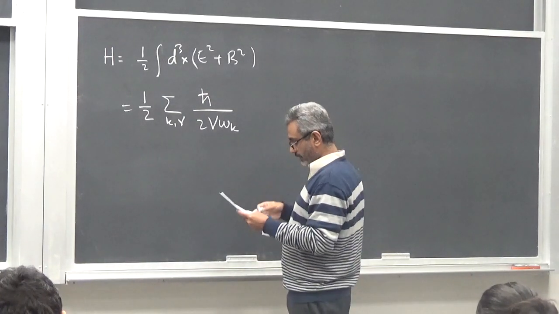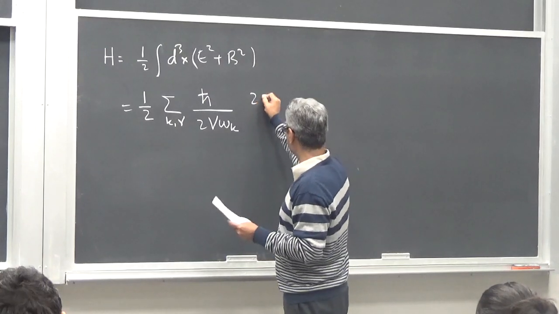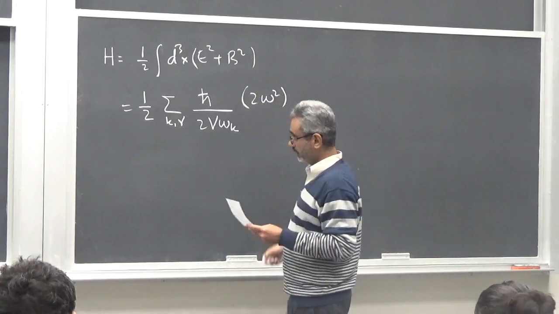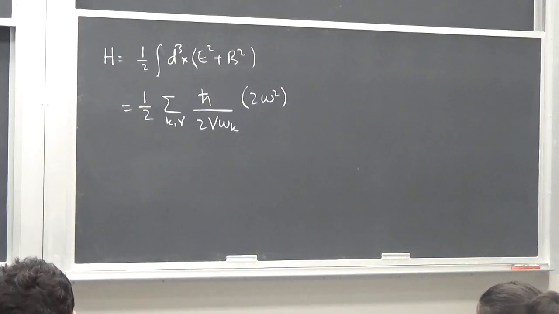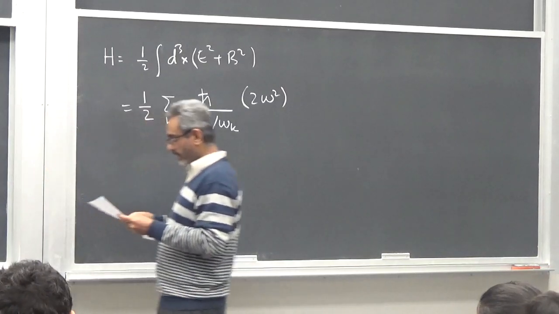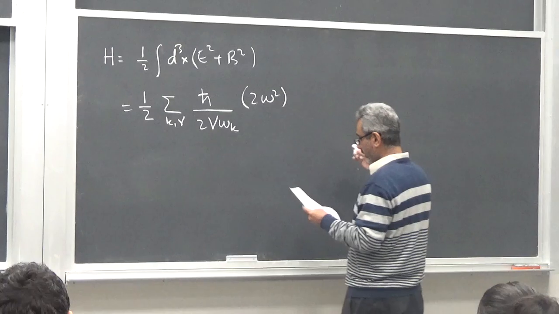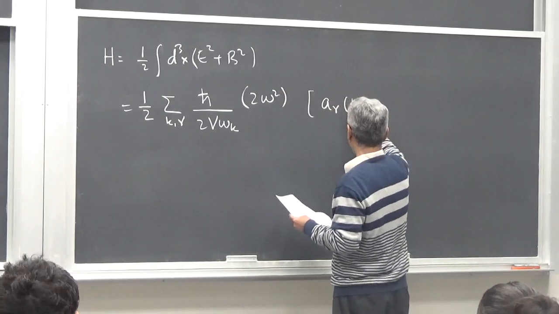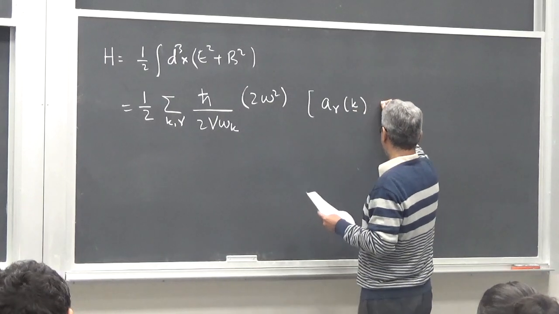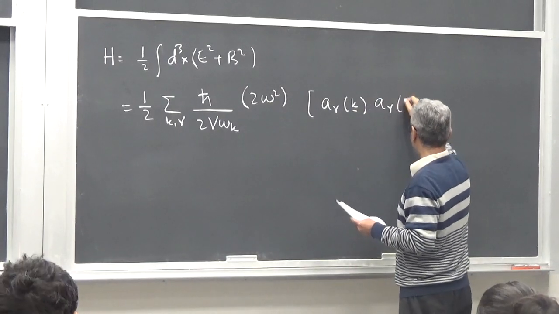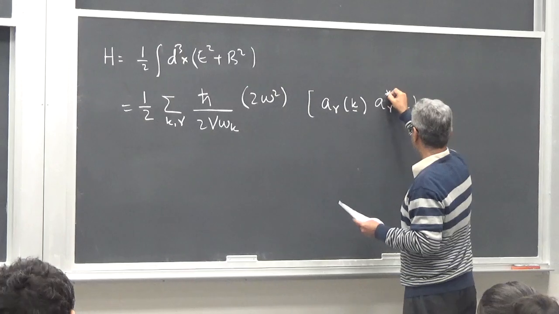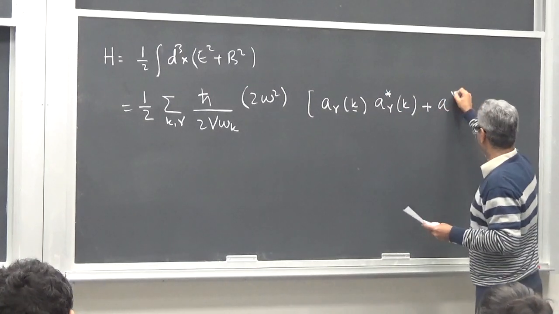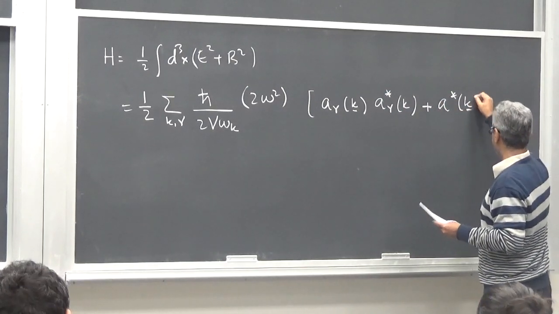And then you get 2 omega squared, that 2 omega squared coming from here, and you get an a r k star a r k plus a star a.